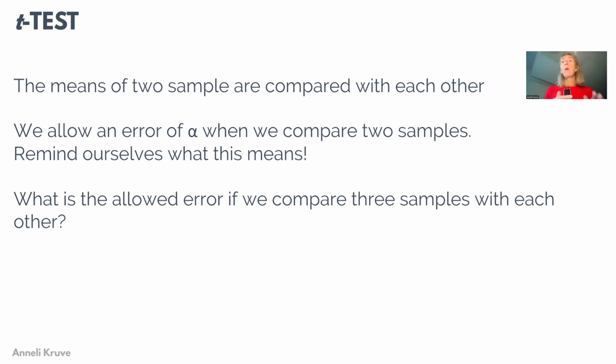However, on these 95 days where we stayed with the null hypothesis, we are also doing a second comparison, the comparison between the Soxhlet extraction and the solid liquid extraction. And if we are allowing the same type 1 error, same significance level, 0.05, we have another 5% chance during these 95 days to make the type 1 error.